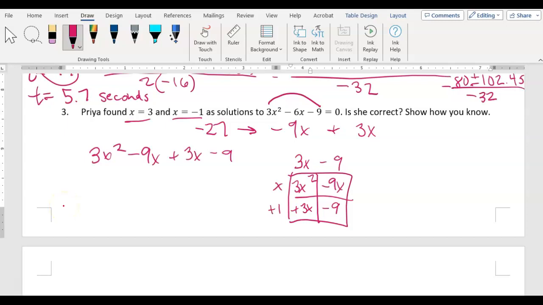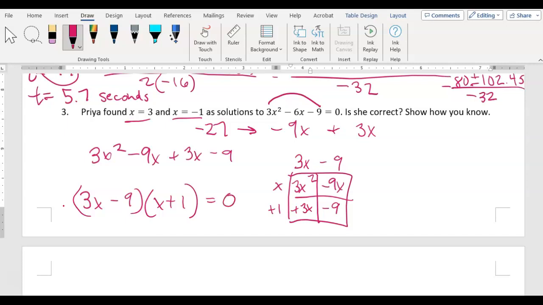Okay, and so when we calculate this now, we'll get 3x minus 9 times x plus 1. We can check: we get 3x squared, we get negative 9x and positive 3x, which gives us negative 6x, and negative 9 times 1 gives us negative 9.